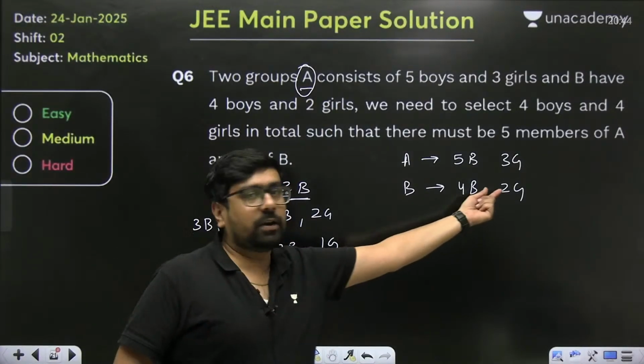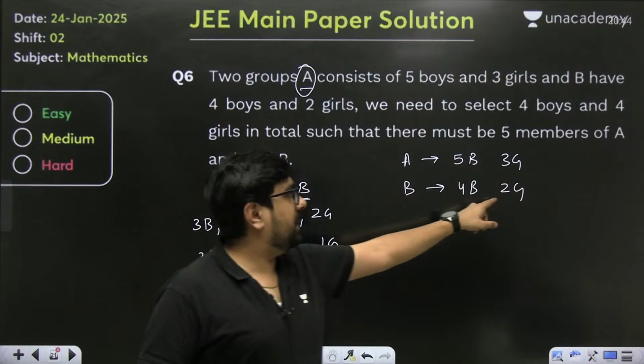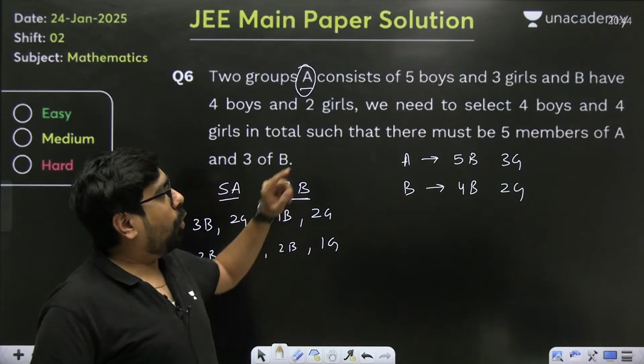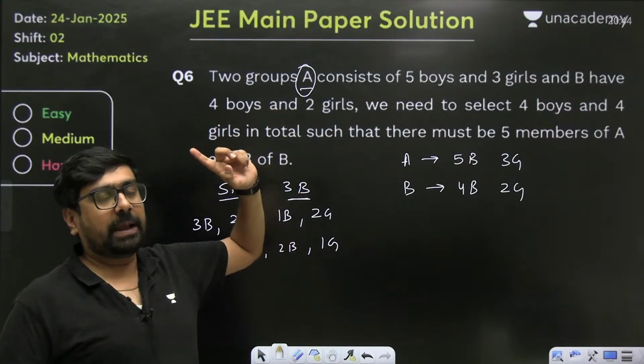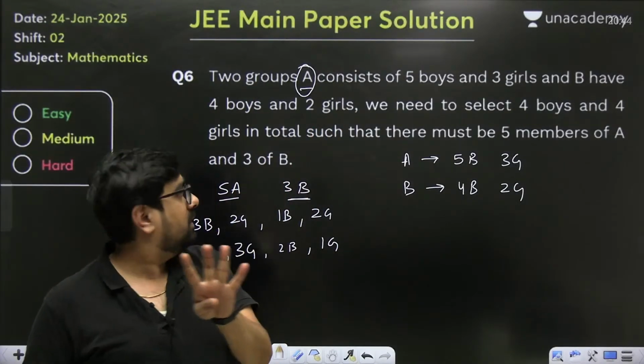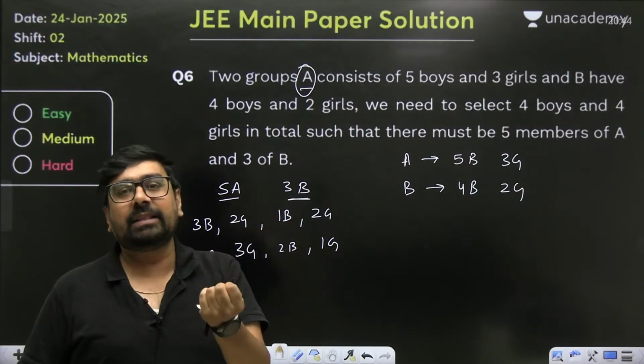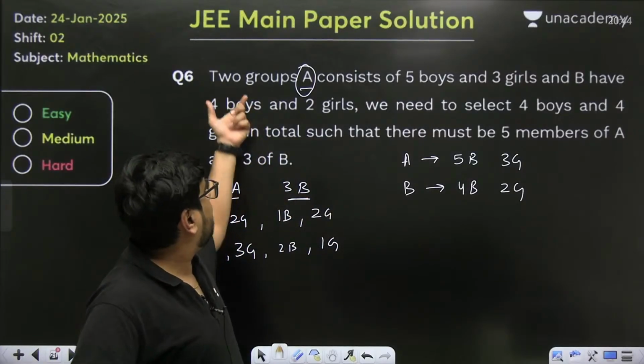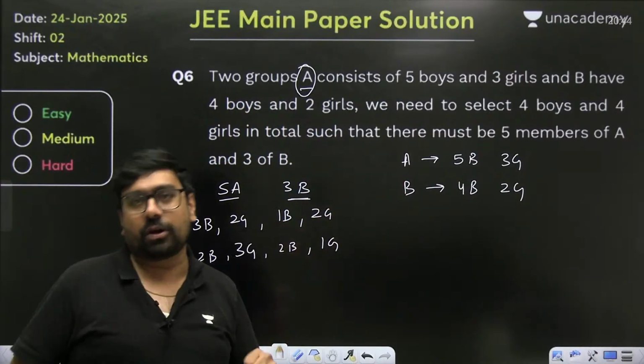If we pick 0 girls from group B, all the girls will have to be picked from group A, and group A has only 3 girls. In our composition, we need 4 boys and 4 girls.